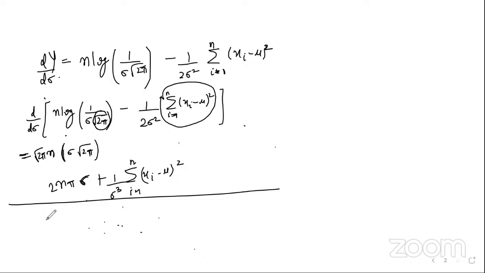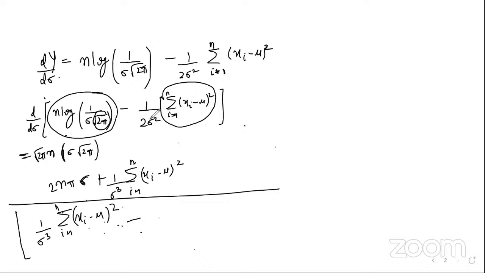After differentiation, sum over i equal to 1 to n of xi minus mu whole square, i varying from 1 to n, times 1 by sigma cube. This will be there. Then I differentiate 1 by sigma square, the differentiation will come out to be minus 2 by sigma cube, right? Then 2 cancels, so it remains 1 by sigma cube.